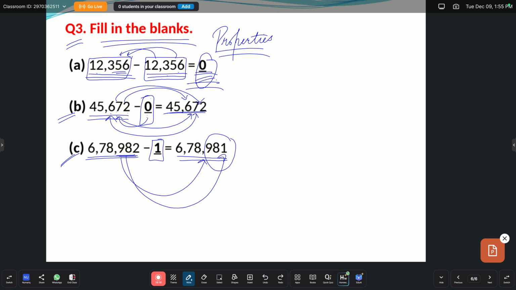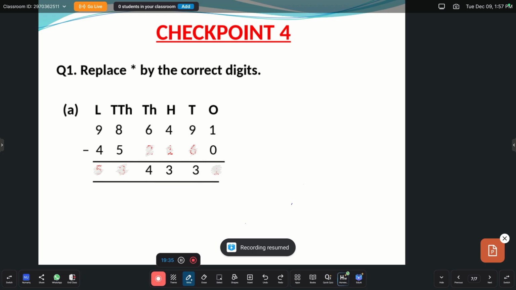This is just the predecessor of this number. And we know that we get the predecessor of a number when we subtract 1 from it. It means that here in this blank, it will be 1. Okay, beta? Got it?